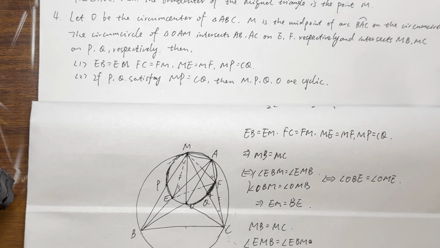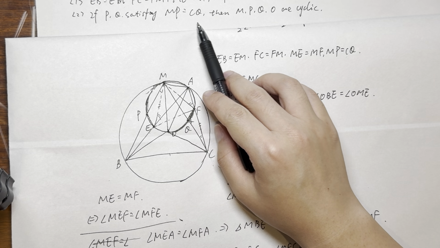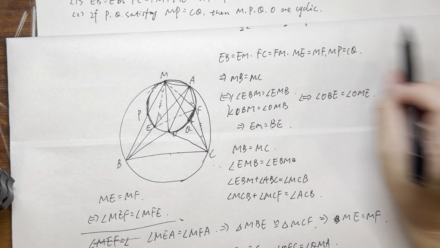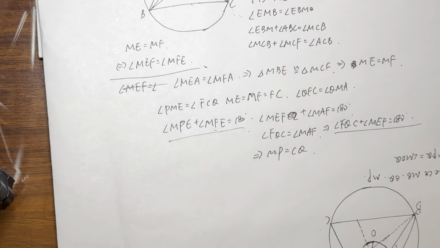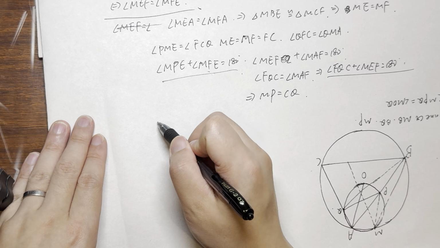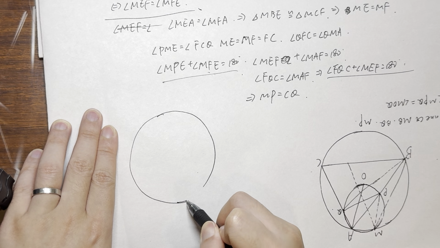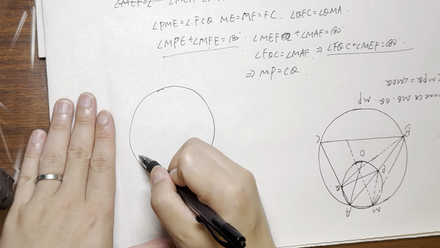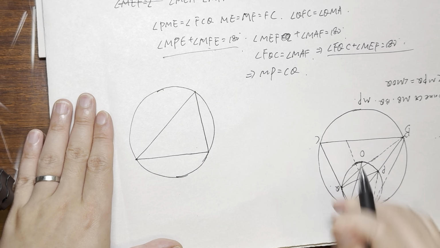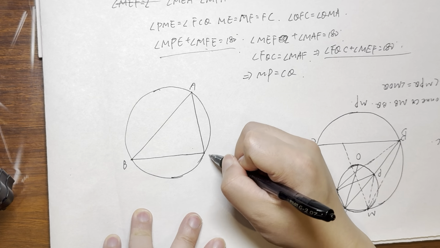Okay, so the next one: if PQ satisfies MP equals CQ, then MPQO are cyclic. Okay. It's basically saying that if we have the circumcircle here, we have a triangle ABC here.